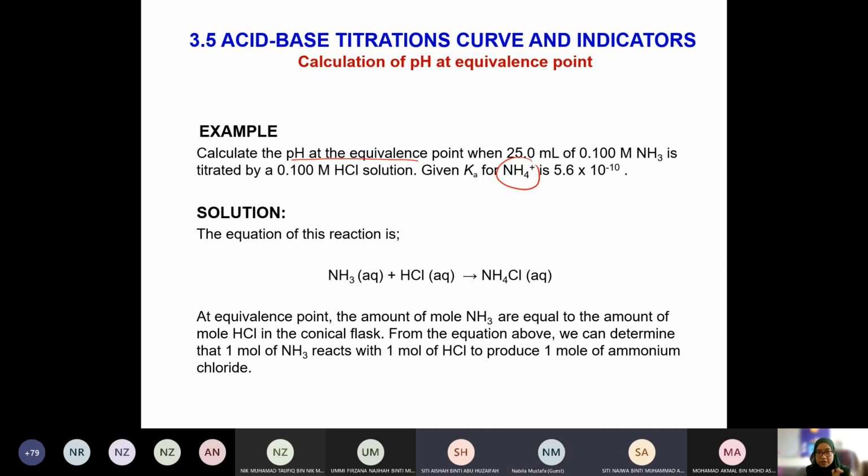We don't have any of these two. So what we have is only the salt in the solution. So the salt, this is between strong acid versus weak base. Okay, so the salt is predicted to be acidic.